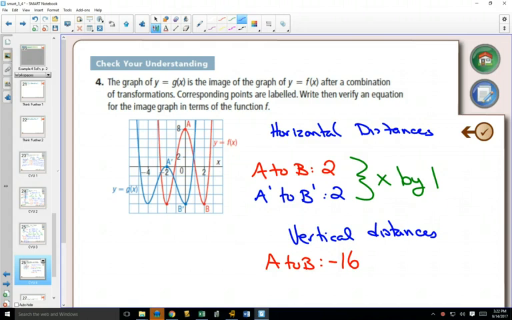And from A prime to B prime, we're still going down, but now we're only going down 8. To go from -16 to -8, your y values have to be multiplied by 1/2.